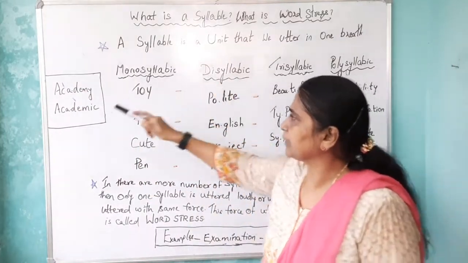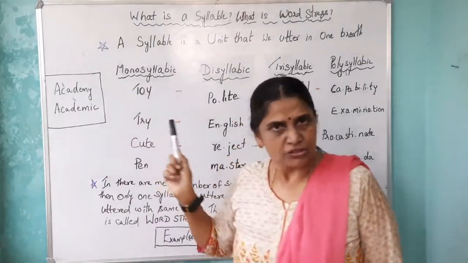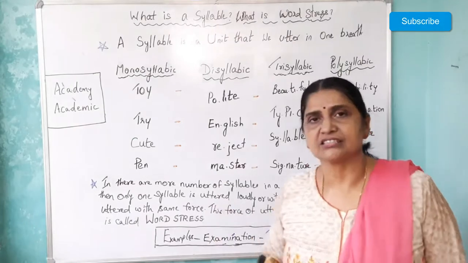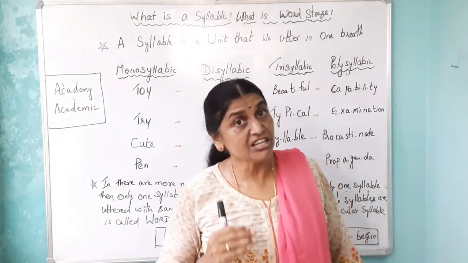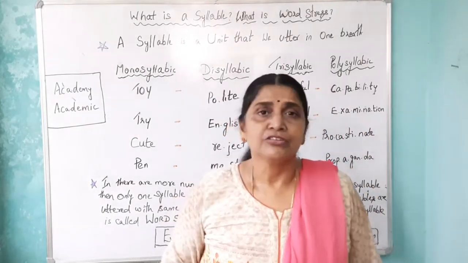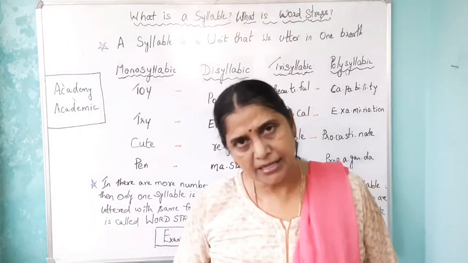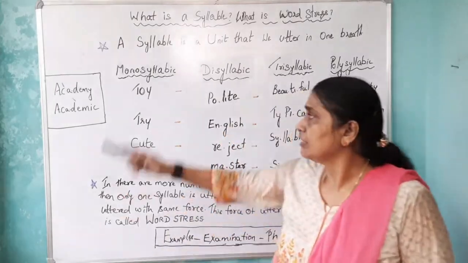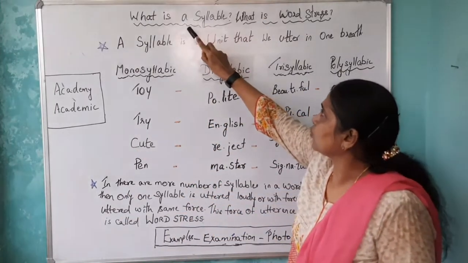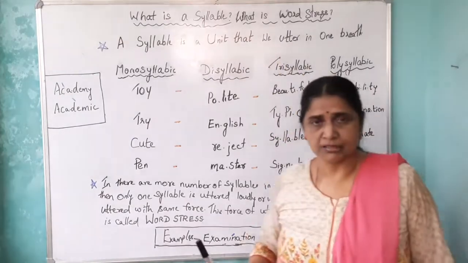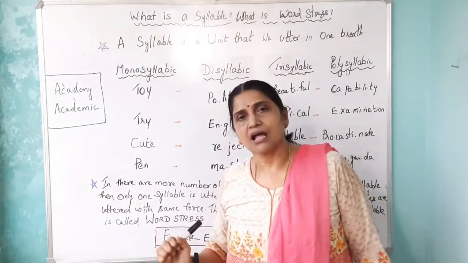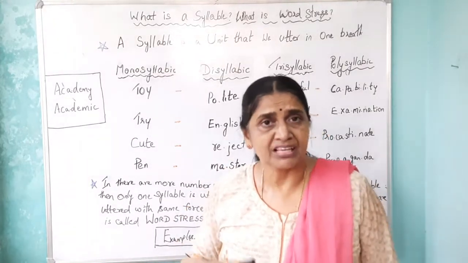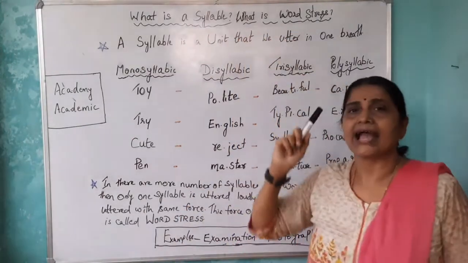So syllable identification is easy using your dictionary. When it comes to word stress, there are certain rules. There are seven rules which you apply for learning the stress. That definitely I will teach you in my upcoming videos. Okay, for right now, you have to understand what is a syllable and what is word stress. Hope you understood. This class will be very useful in your pronunciation part. Word stress is also called accent.